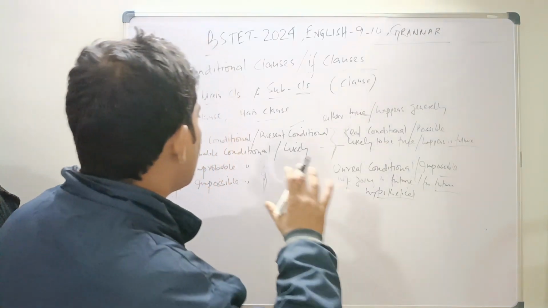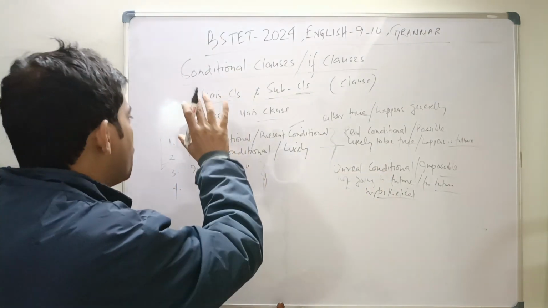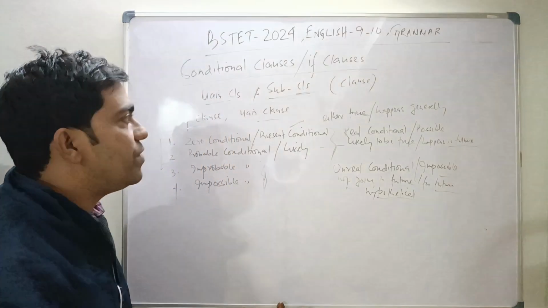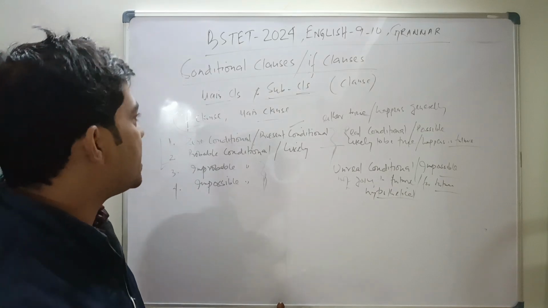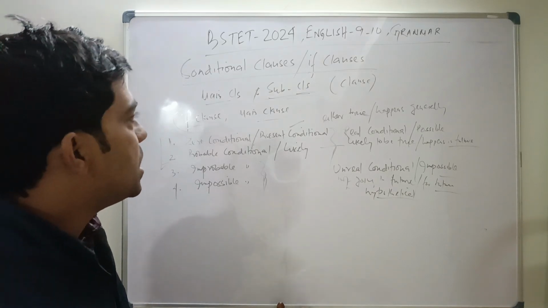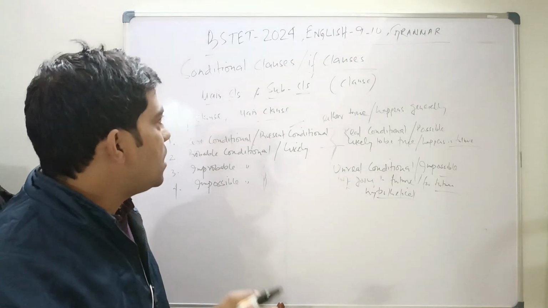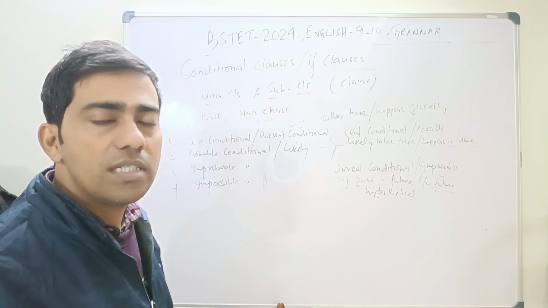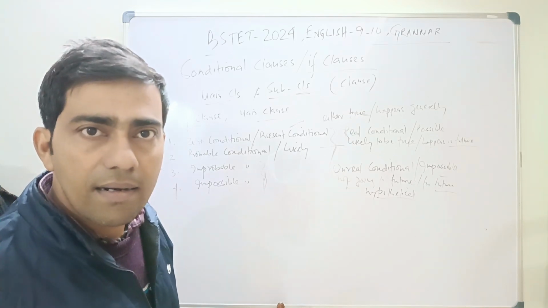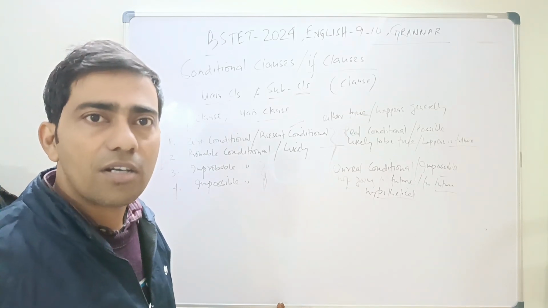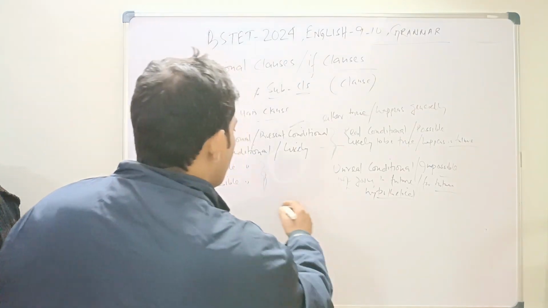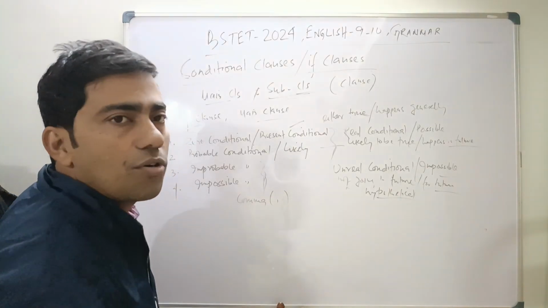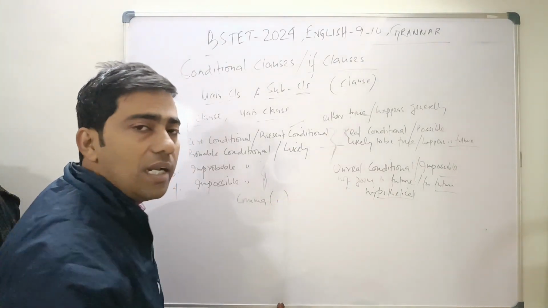So these are all about the 4 conditional clauses. Now examples will be given, and one thing I would like to mention here: in conditional clauses, if the if clause is the first clause and the main clause is the second part of the sentence, then a comma will follow the if clause.